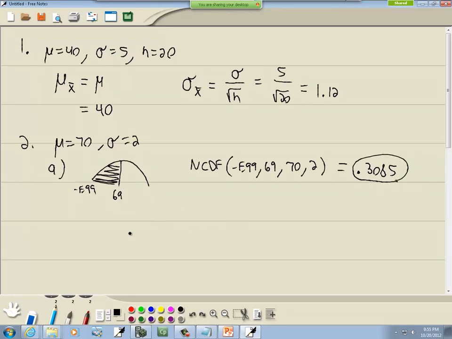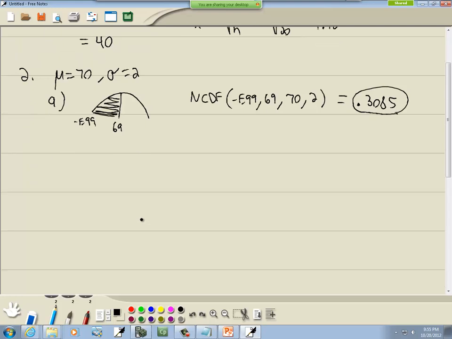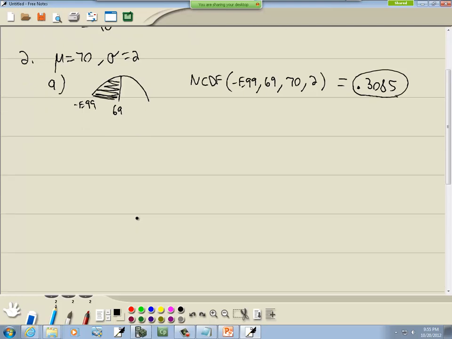Well, let me do it by hand, using tables and so forth. So that's the calculator. Now let's look at it by hand. Well, this is an x value. This x equals 69, so we need to convert it to a z-score.